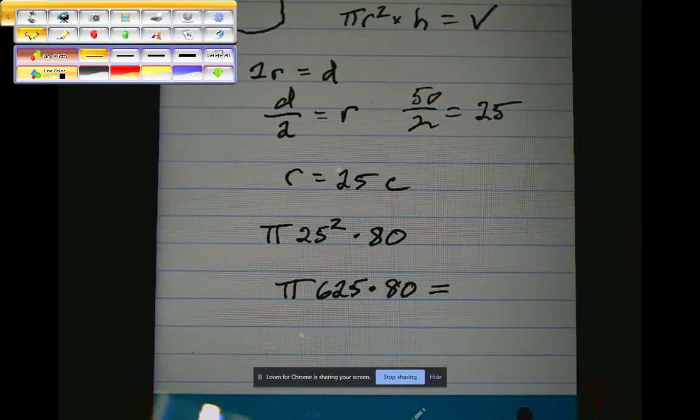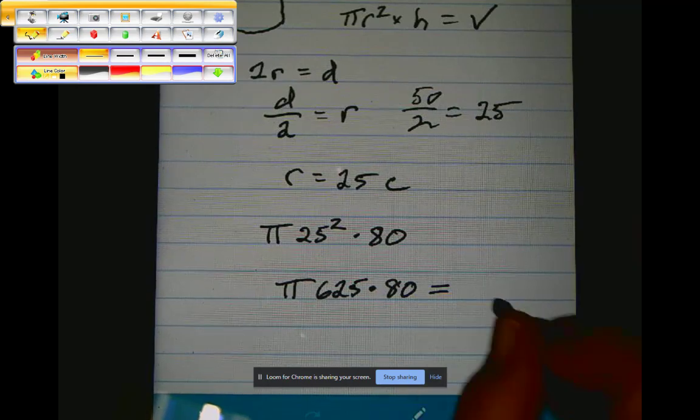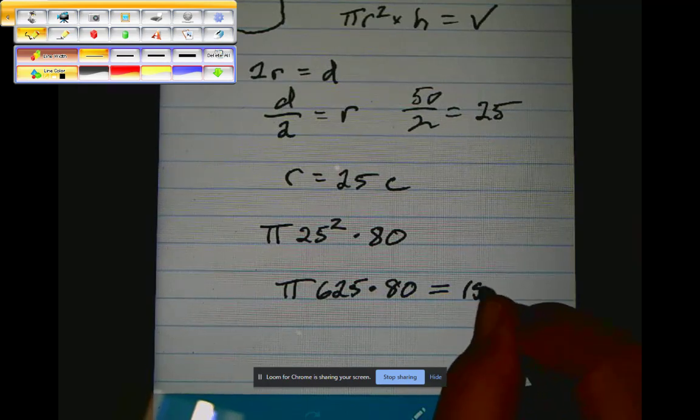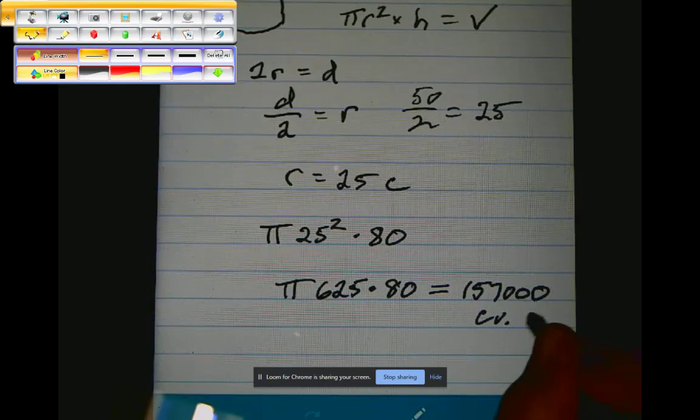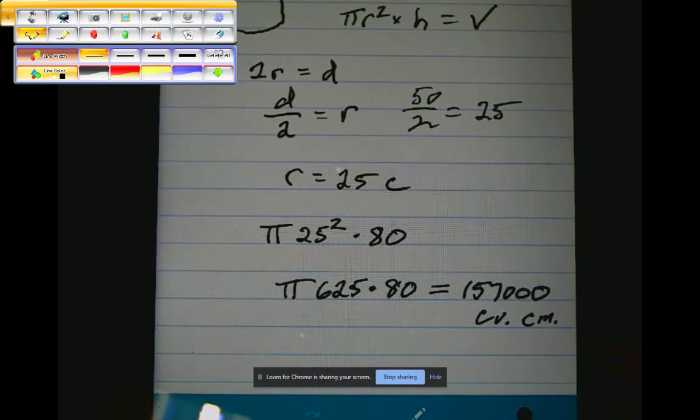Pi is 3.14 times 625 times 80. And this is 157,000 cubic centimeters. And you pick centimeters because that's the unit of measure that was in the problem.